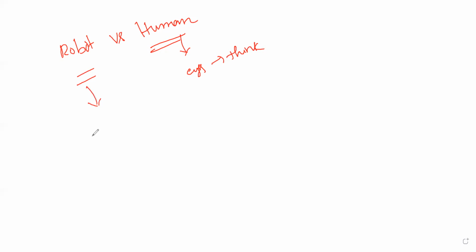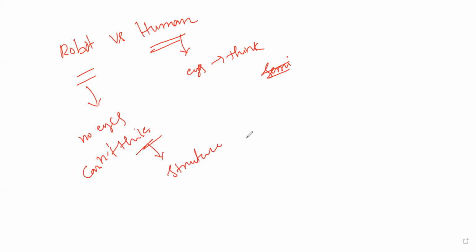And a robot has no eyes and can't think, right? How the robot identifies is based on the structure of the document.